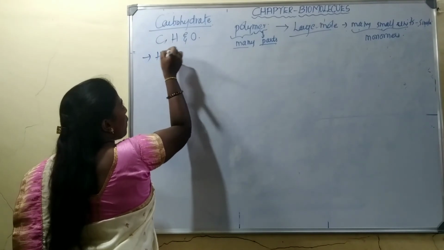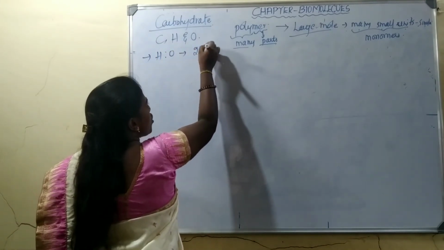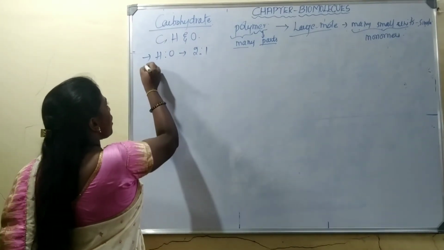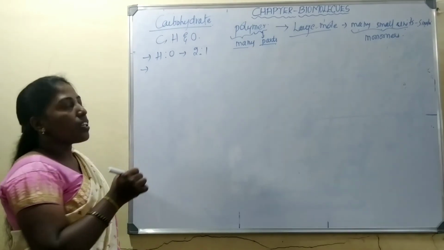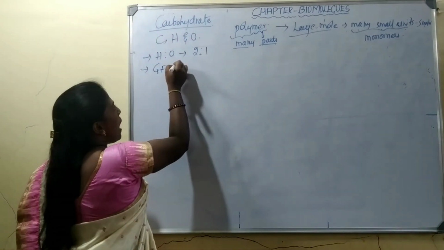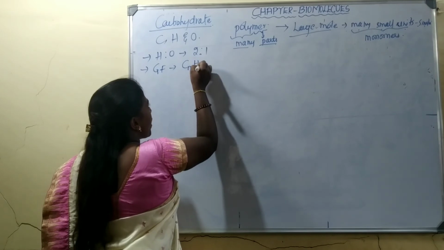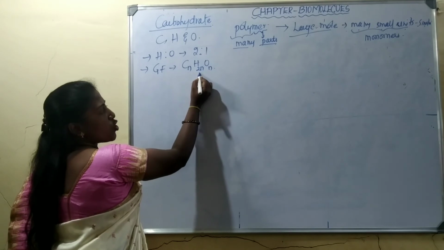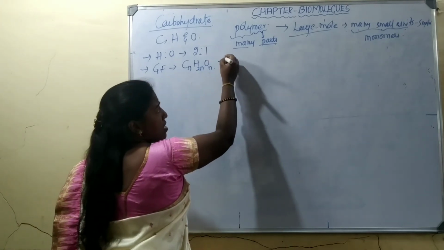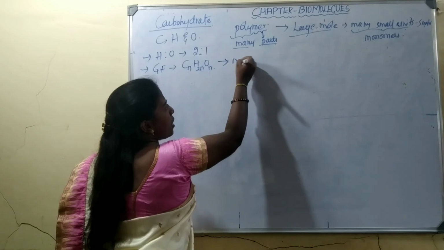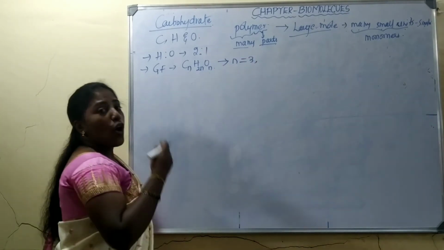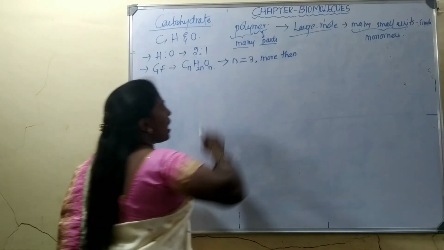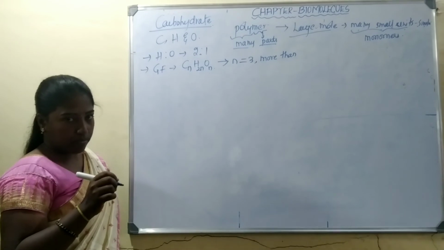The next is the general formula of carbohydrates. The general formula is CnH2nOn, where the value of n will be equal to 3 or more than that.